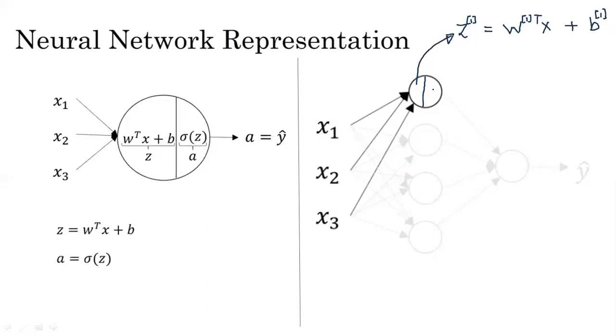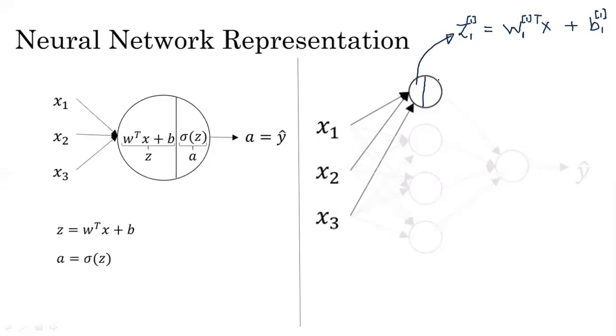So I need to represent that this is the first node. How will I represent this? I'll represent it as subscript 1 here. This is basically the notation that I want to teach you, how we can write and mention the equation of z for this first node in this first layer.